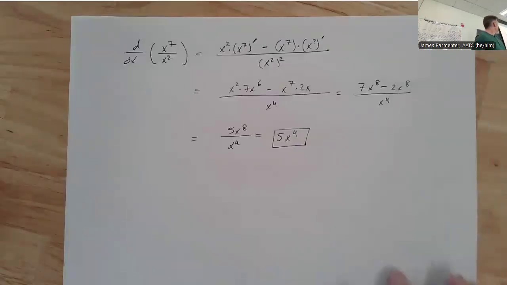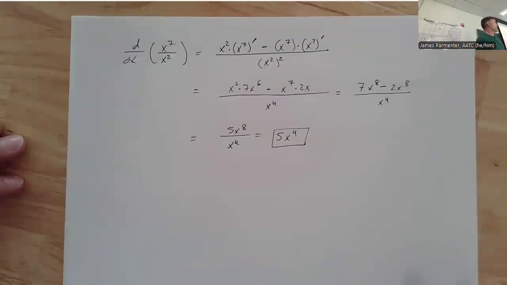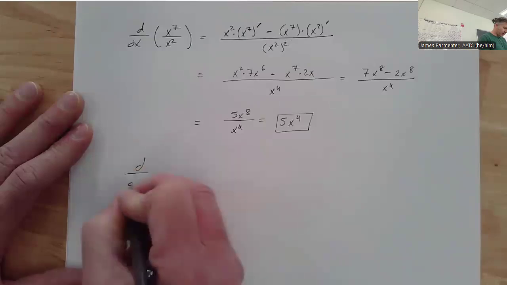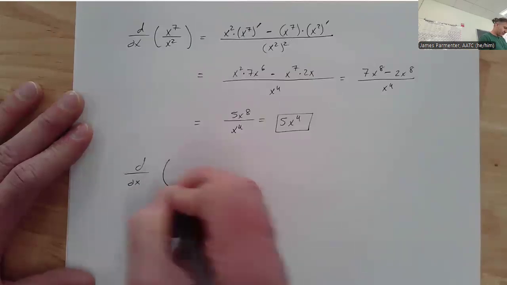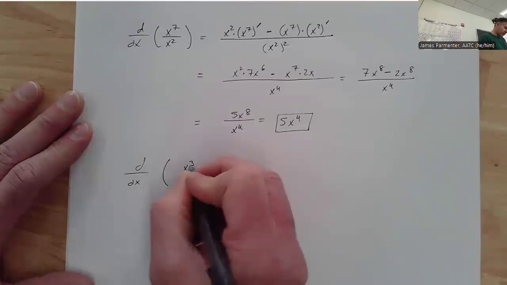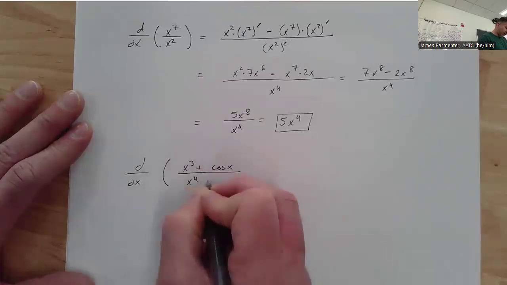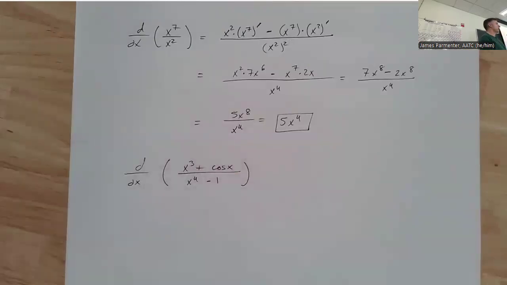But then you can ask questions to find the derivative of functions that you cannot just simplify. For example, what's the derivative of x cubed plus cosine of x divided by x to the fourth minus 1? Now you're stuck having to use the quotient rule.